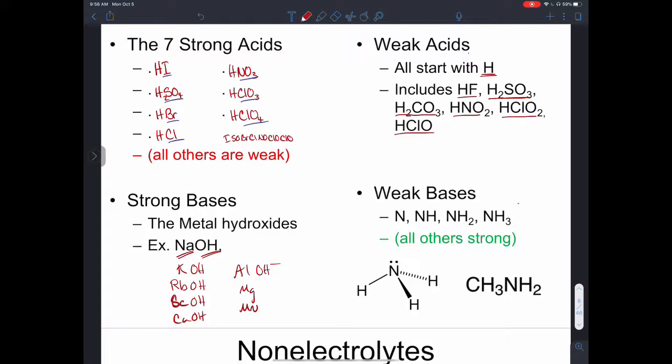And one of the things you'll notice, hopefully, is that these are also metal nonmetal compounds. So strong bases behave like salts because they technically are salts.